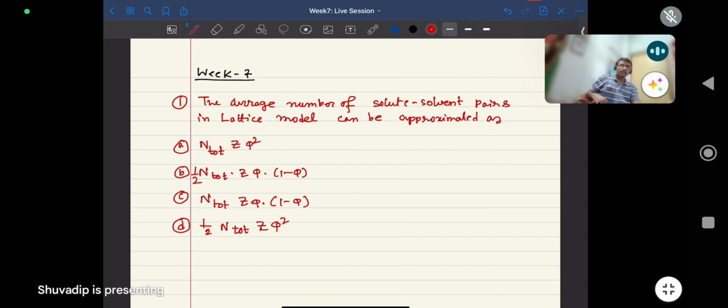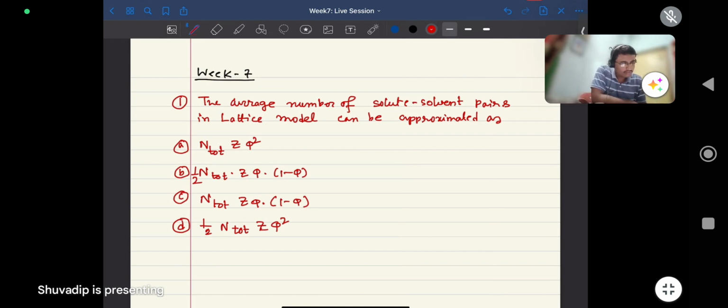So in this problem, N total is basically denoting the total number of solute particles and solvent particles. Phi is the volume fraction of solute particles, 1 minus phi is the solvent particle volume fraction, and Z is the coordination number of the solute particles or solvent particles.